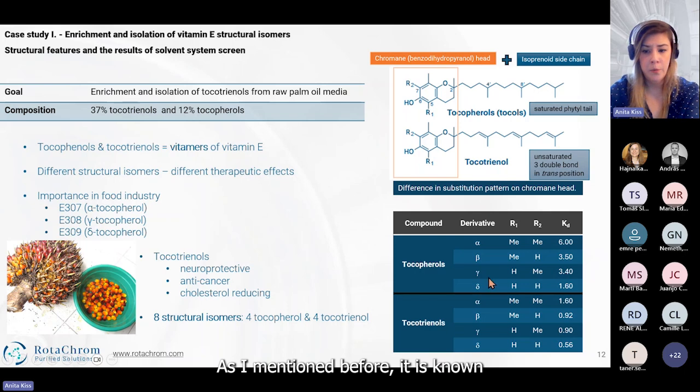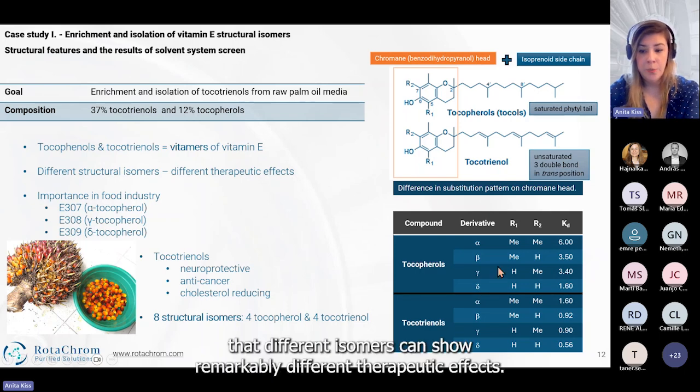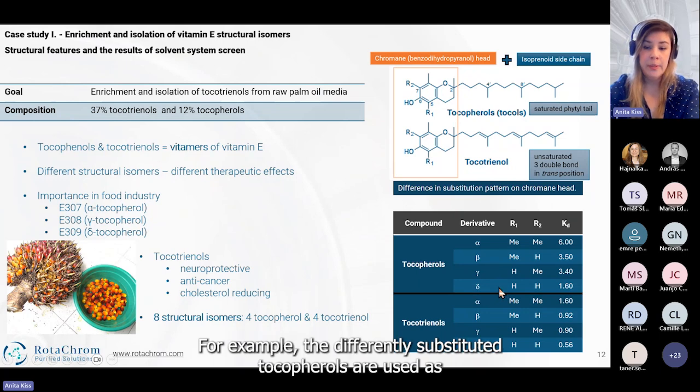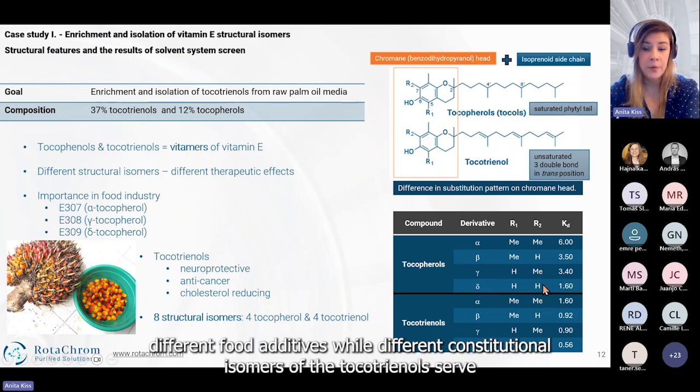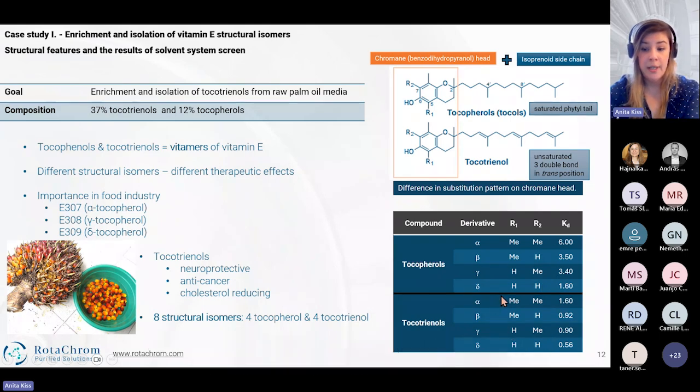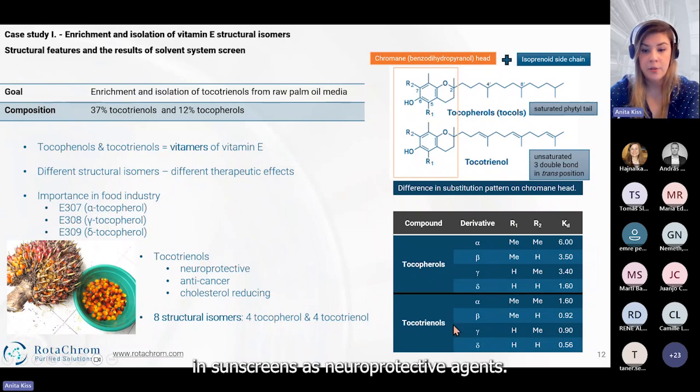As I mentioned before, it is known that different isomers can show remarkably different therapeutic effects. For example, the differently substituted tocopherols are used as different food additives, while different constitutional isomers of tocotrienols serve in sunscreens as neuroprotective agents.